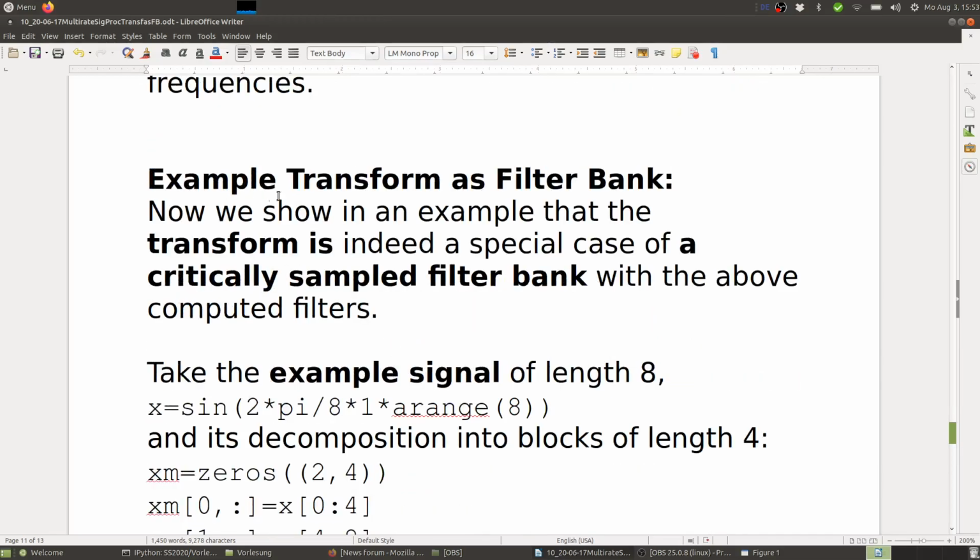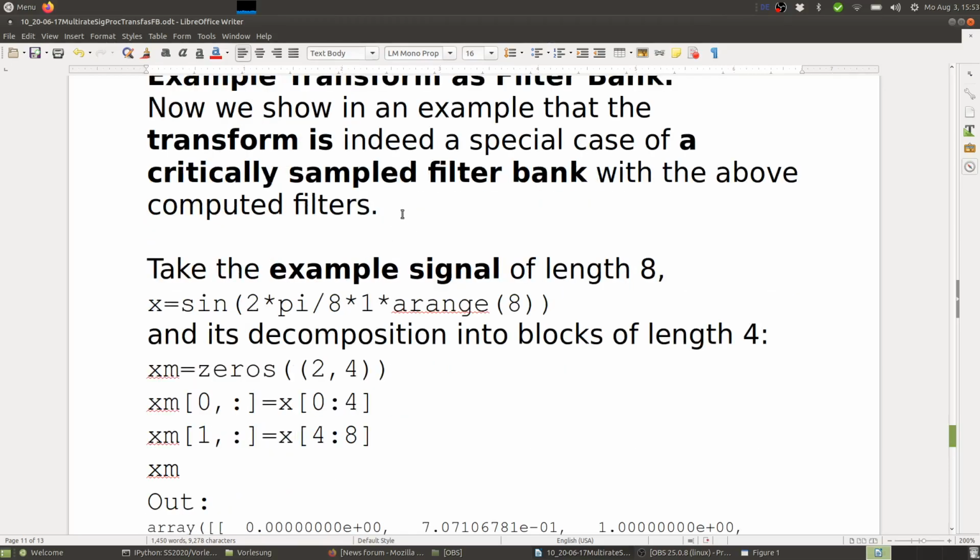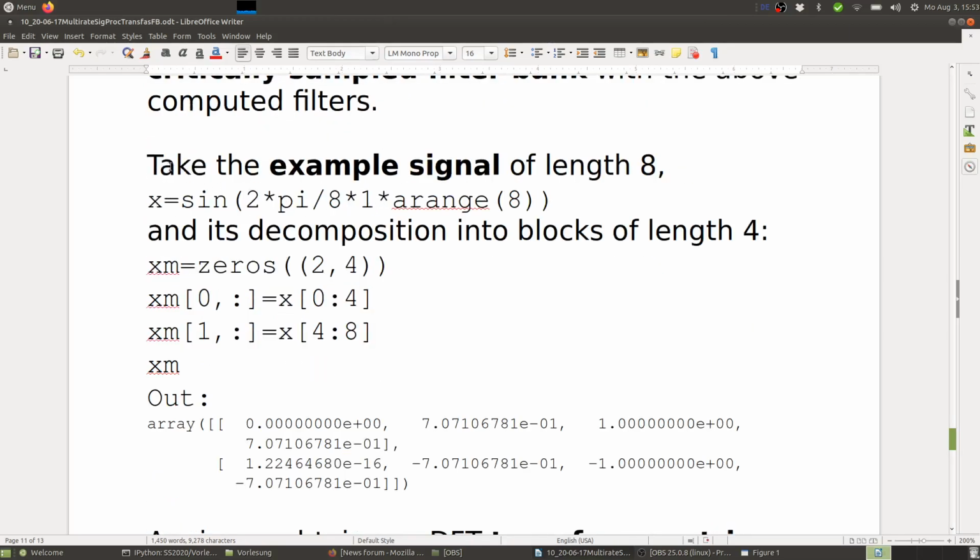Yeah, so here's an example transform as filter bank. Now we show in an example that the transform is indeed a special case of a critically sampled filter bank with the above computed filters. Right, so take the example signal of length 8. So we just take a tone, a sine of 2 pi divided by 8 times a range 8. So this gives you one period over the length of 8 samples.